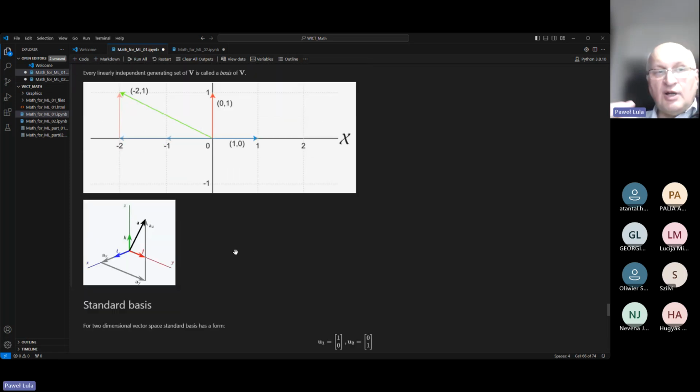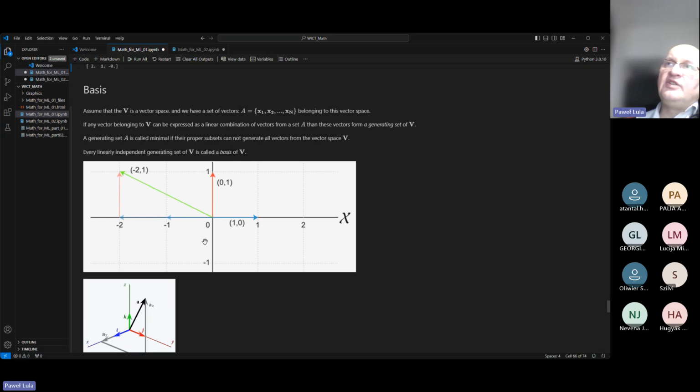When we are talking about three-dimensional space, then the basis is here. It is a set of these three vectors, red, blue, and green. And also using these operations, which I mentioned before, multiplication by a scalar and addition, I can generate any vector in the space, in this three-dimensional space. So it is a basis.